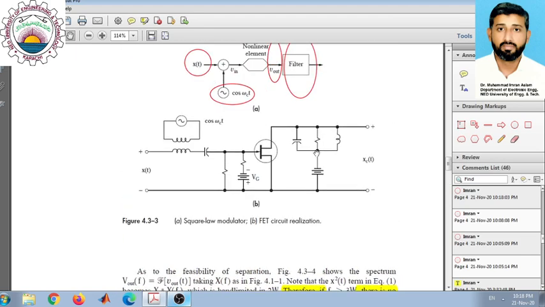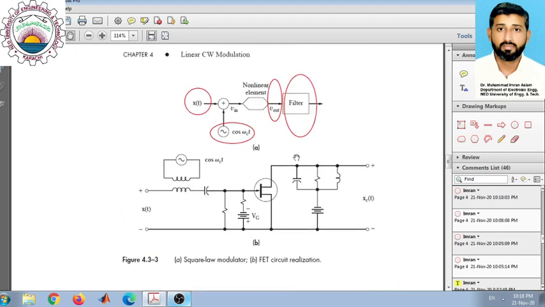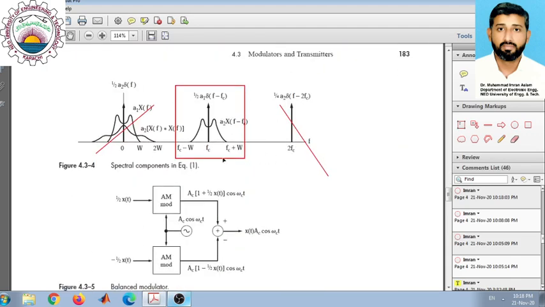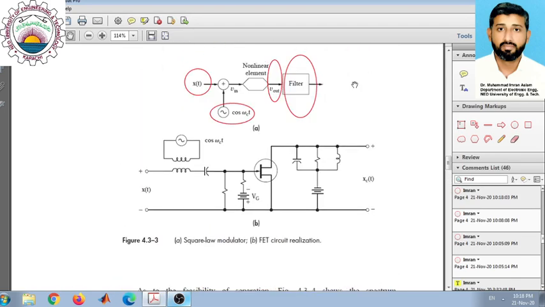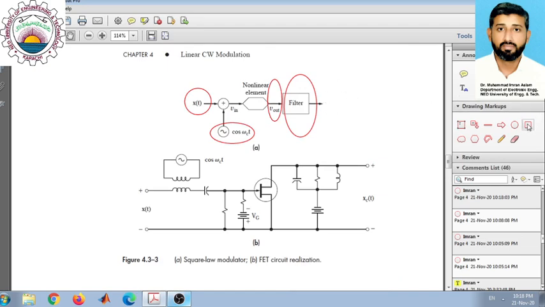By the spectral diagram, we can see that we need a band pass filter so that we can extract this part, which is actually representing the AM wave. So after passing it through this band pass filtering, whatever output we get would be an AM signal. So the output will be AM wave.